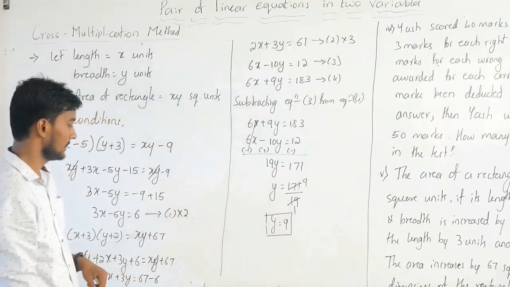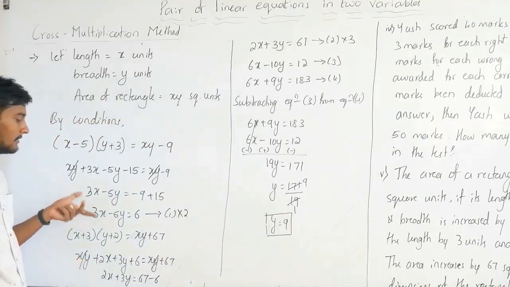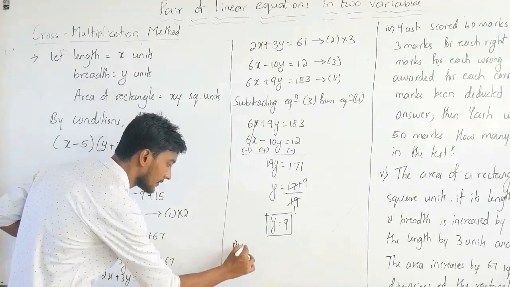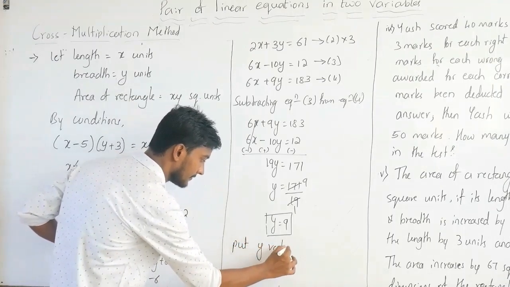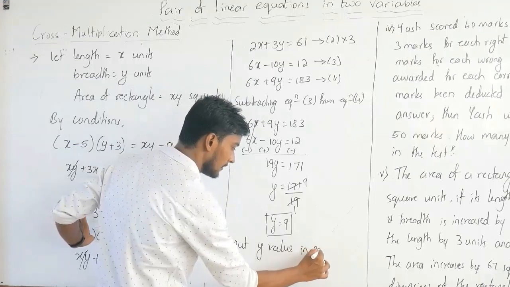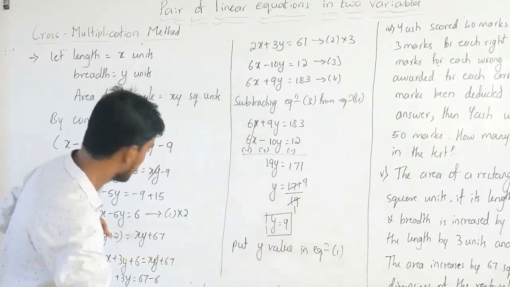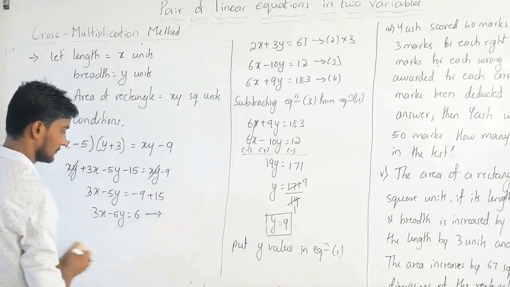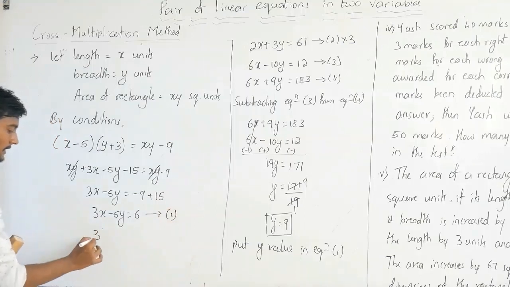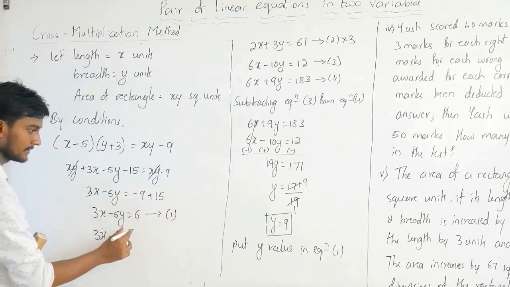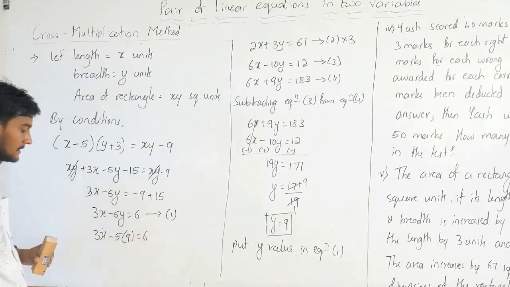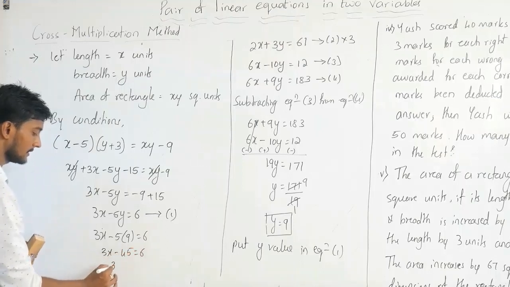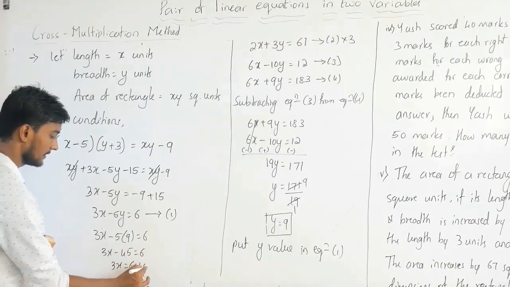Now put this y value in equation number 1, or in equation number 2. If you put the y value in equation number 1, 3x minus 5 into the y value 9 is equal to 6. 3x minus 5 nines are 45 is equal to 6. 3x is equal to 6 plus 45.